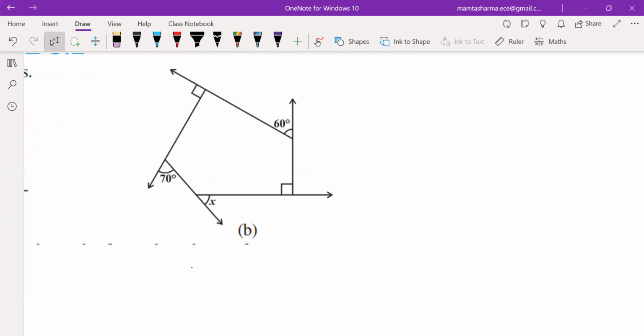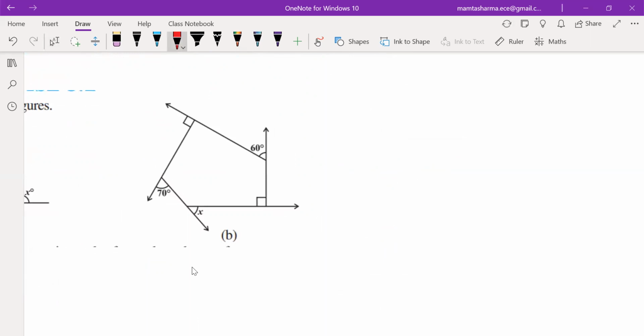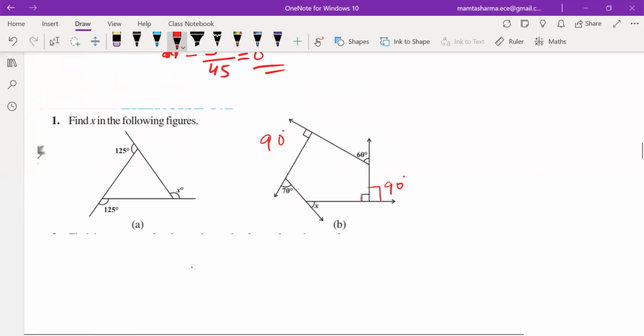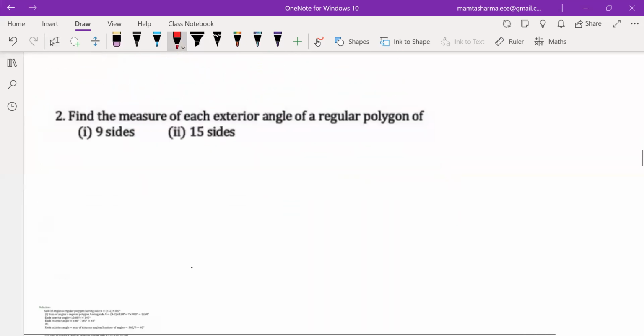Do it fast. This angle is 90. Now add all the angles and subtract from 360 degrees. Right? Now let's move to the next question.